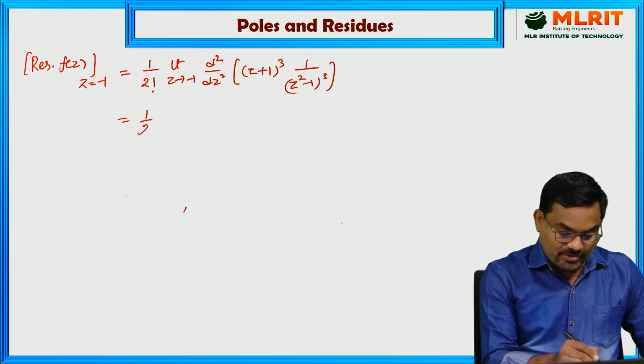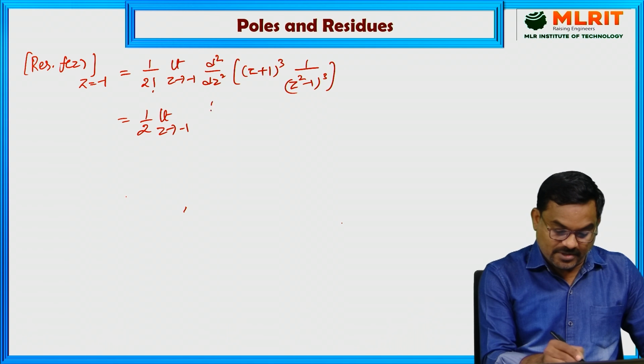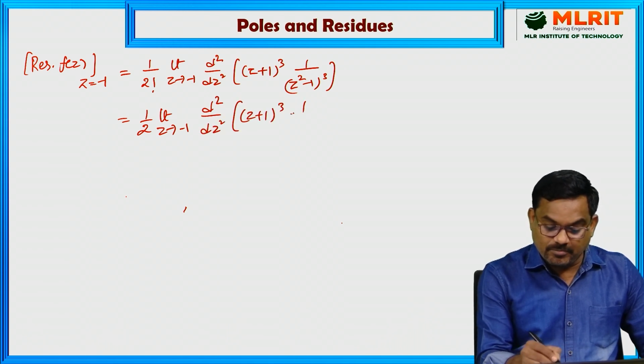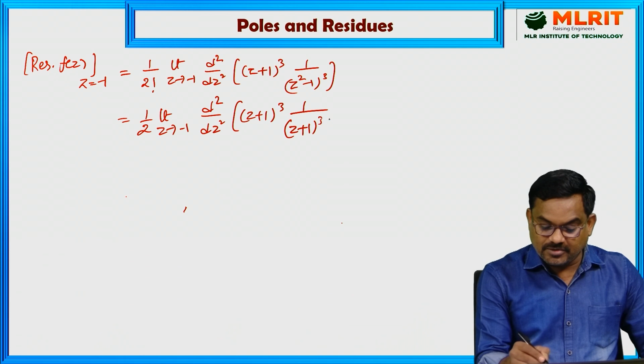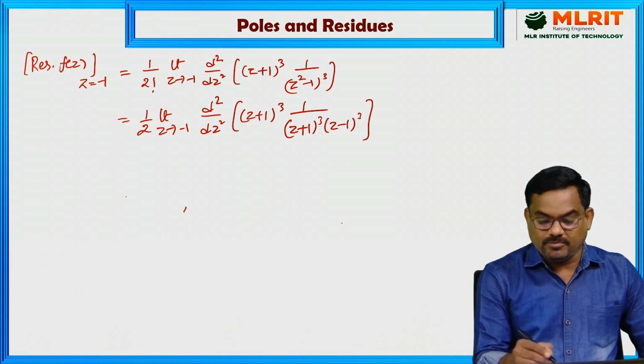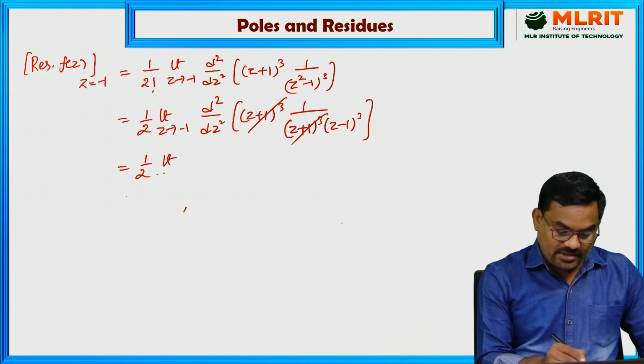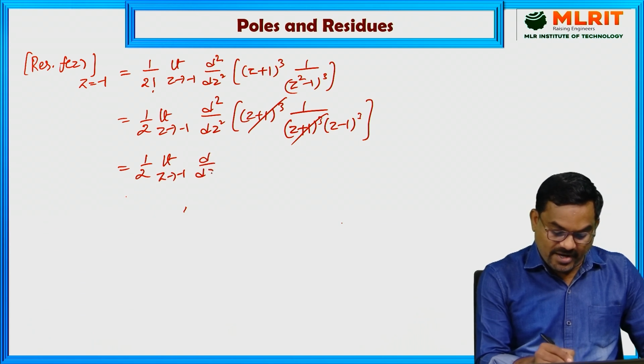So 1 by 2 limit z tends to minus 1, the second order derivative of (z plus 1) whole cube times 1 by (z plus 1) whole cube into (z minus 1) whole cube. These two get cancelled.